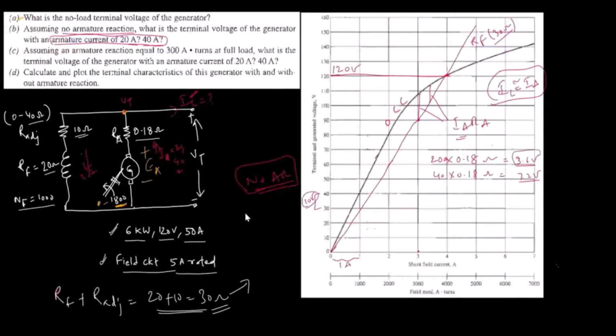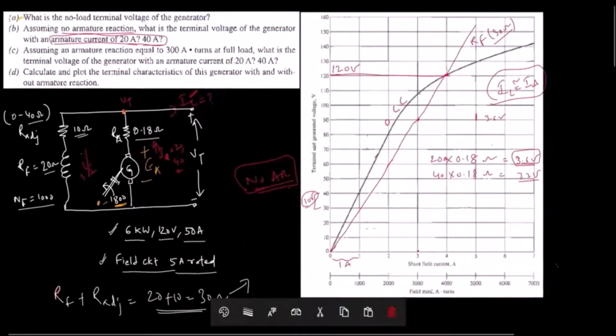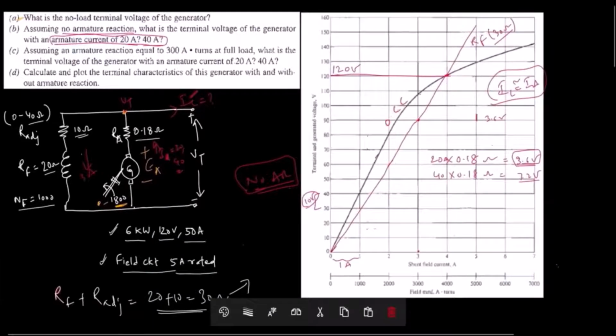Now I have to place the 3.6 volts line. Let me assume this is 3.6 volts to scale on this graph. Now I move this line and place it. Is it possible? No, it is not possible.